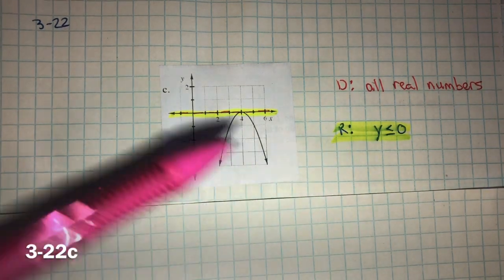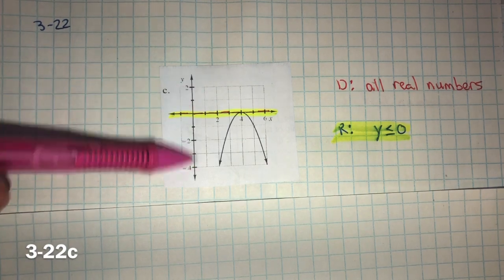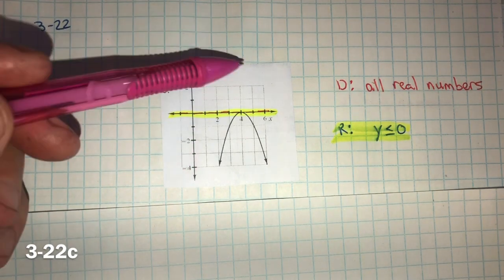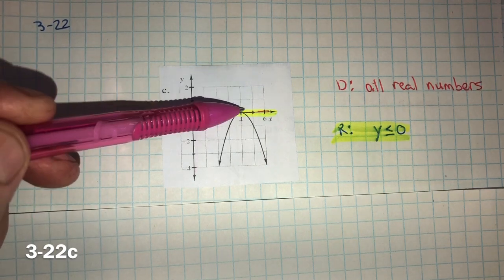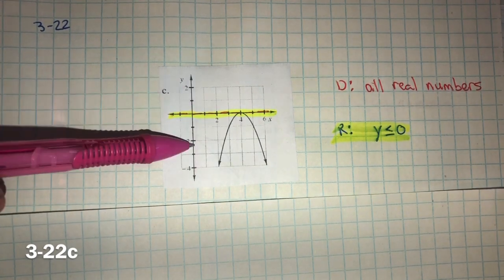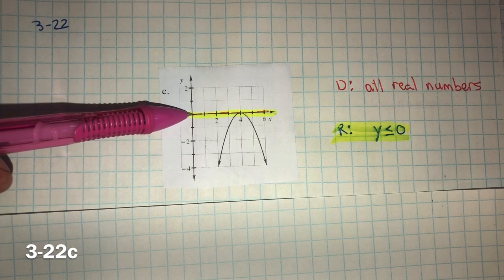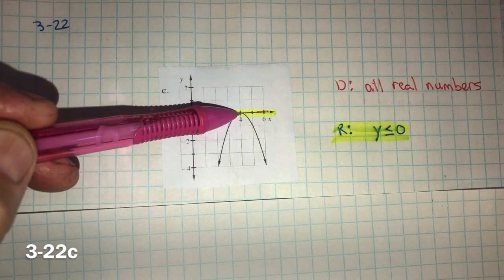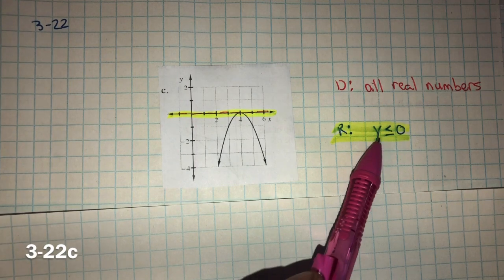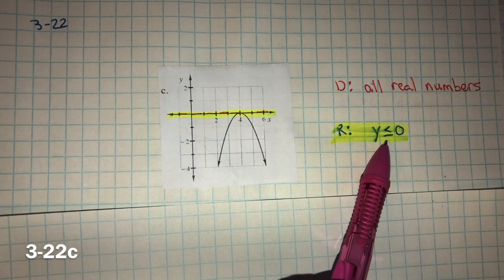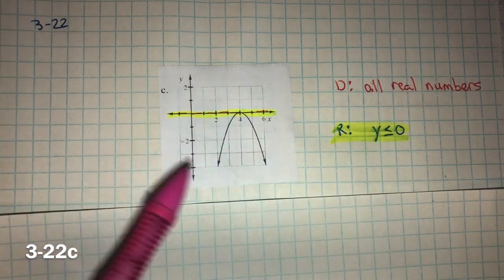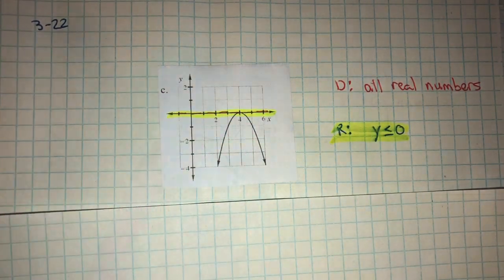But the range, the y values, if you look at the y-axis, there are no values that are going to be greater than 0. Because here on the y-axis, here's the origin, here y is 0. So the range is y is all values less than or equal to 0. No values are greater than 0.